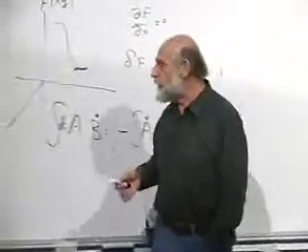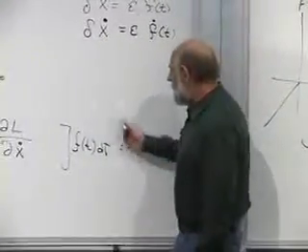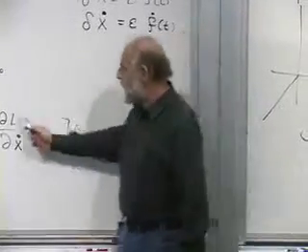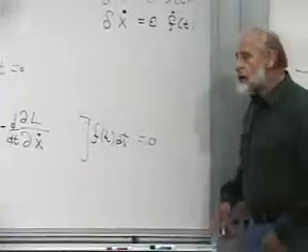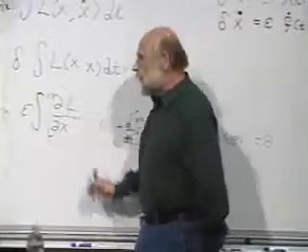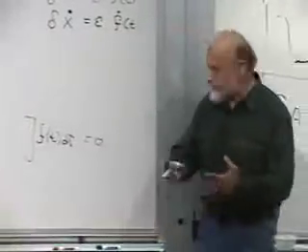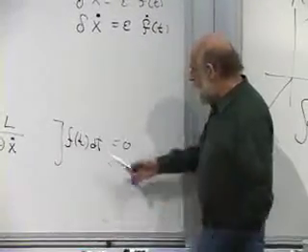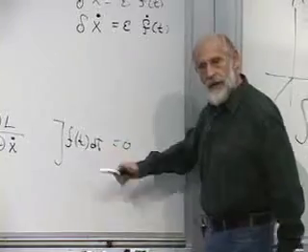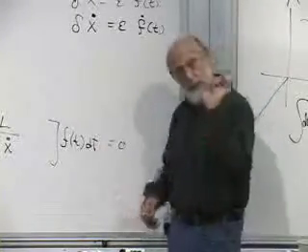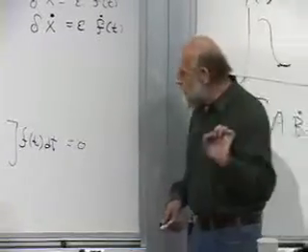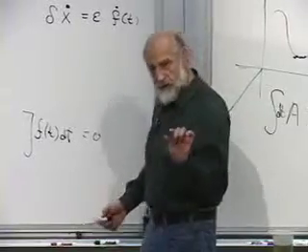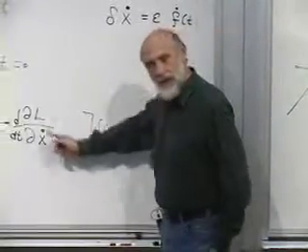Well, if you think about it a little while, you realize the only way an integral like this can be 0 for all possible f of t is for the thing that it multiplies to be 0. Supposing the thing that it multiplied here was not equal to 0 at some time, then we could choose a function f of t that was narrowly concentrated near the place where we knew the thing in the brackets was not equal to 0, concentrated only in that region, and we would get something not equal to 0.